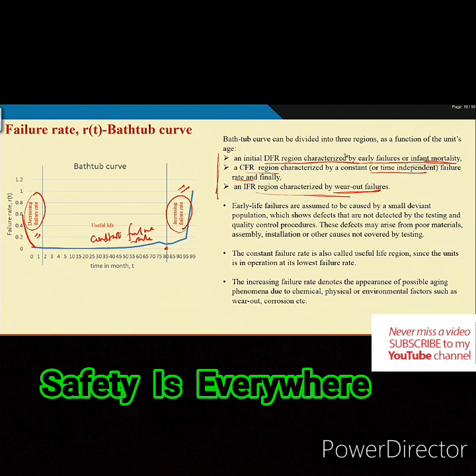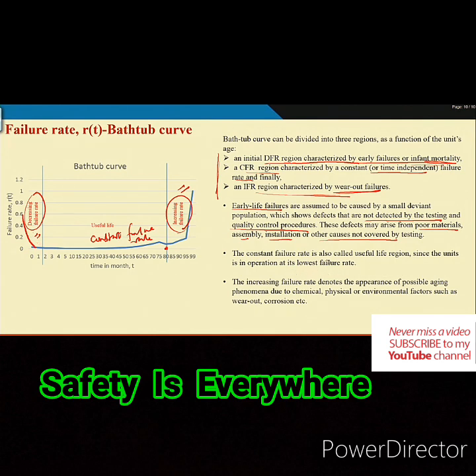Now, what are the reasons for early life failures? As I told you, they are basically not detected during testing or quality control procedures, and the defect may arise from poor material, assembly, installation and other causes not covered during testing. That is the reason you get a few more failures initially, then the reasons are found out and rectified, and the failure rate decreases.